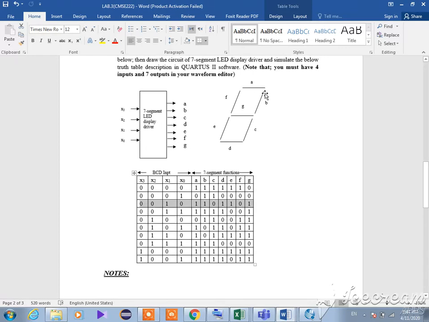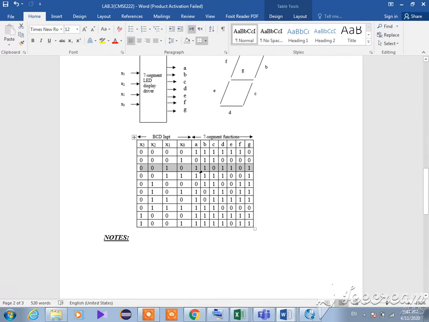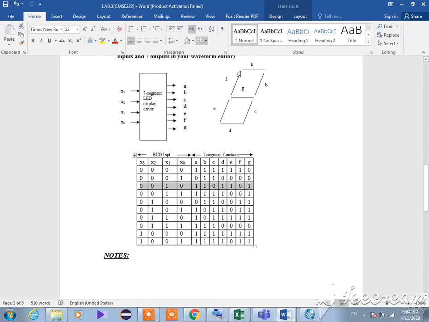In this shape, this is number 2: A, B, G, E, and D. If they are 1, it means that the number 2 will show on your screen.